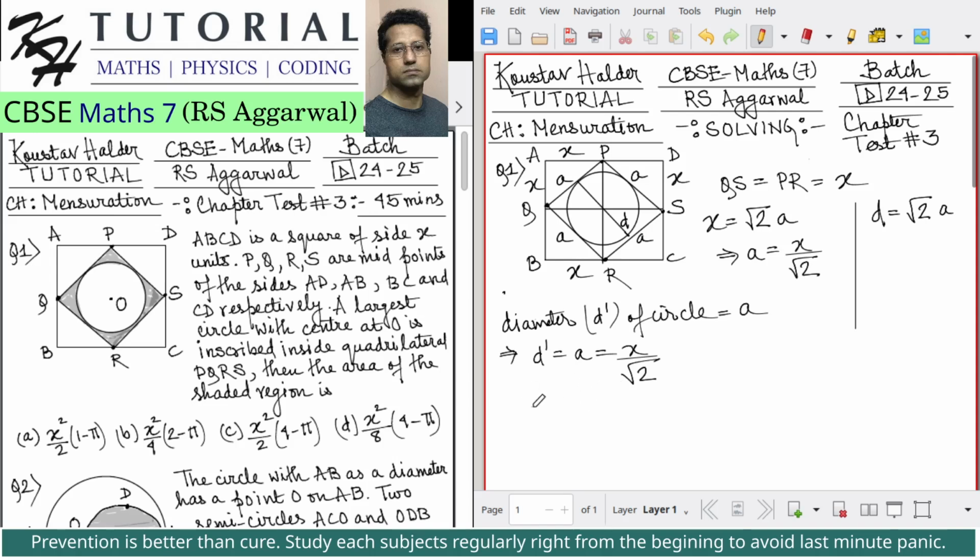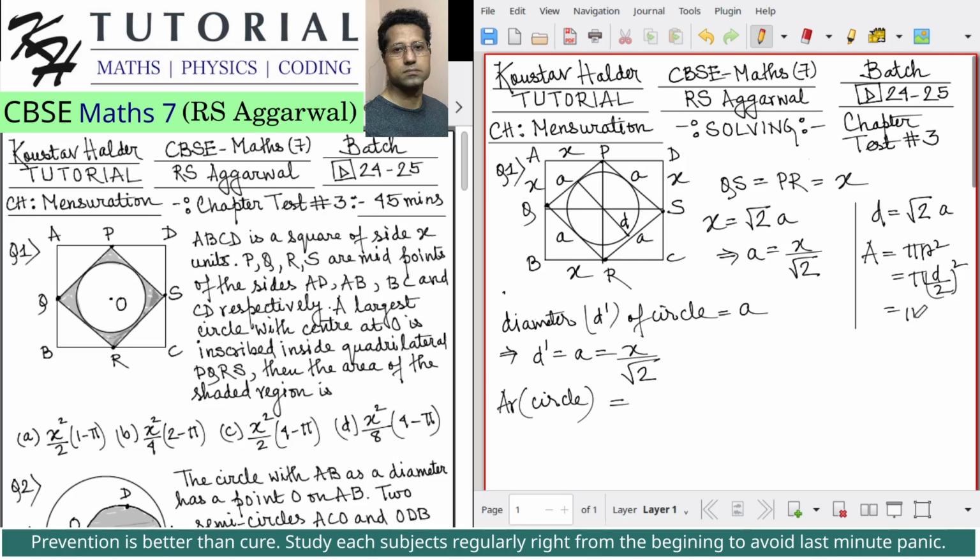Now what is the area of a circle in terms of diameter? We know that area of a circle A is pi r square, and r is nothing but the diameter by 2.